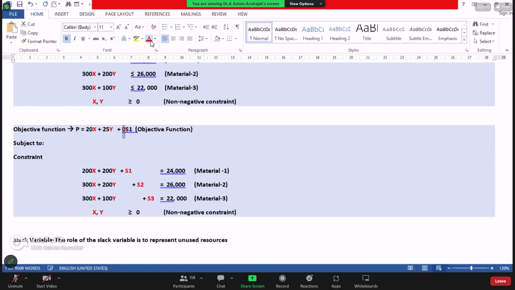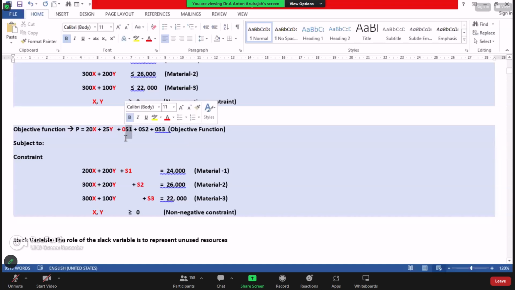That's why it's 0. Plus 0 S2, plus 0 S3.